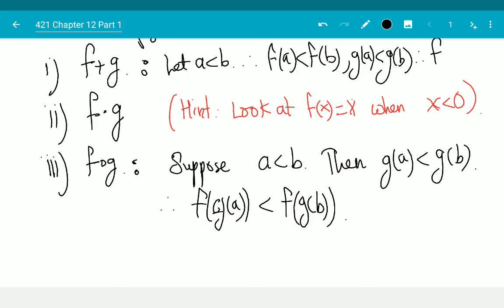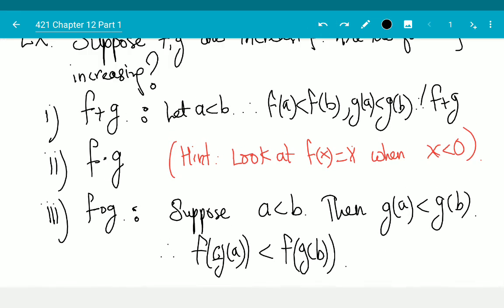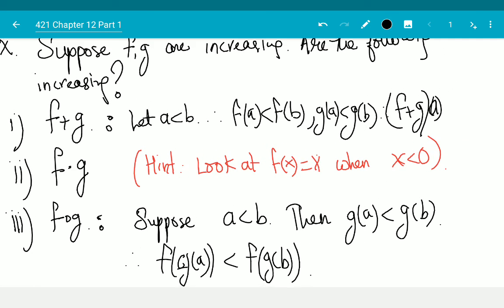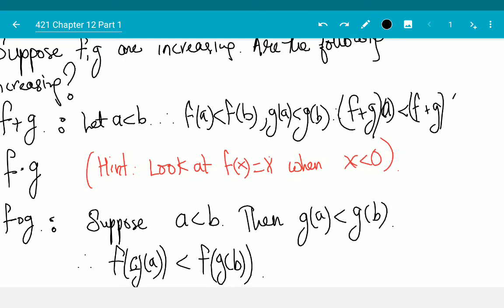Therefore, f plus g of a is smaller than f plus g of b.